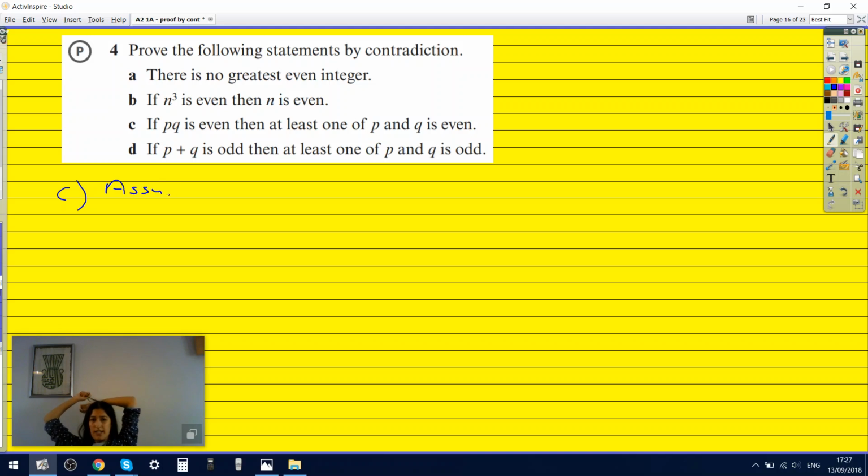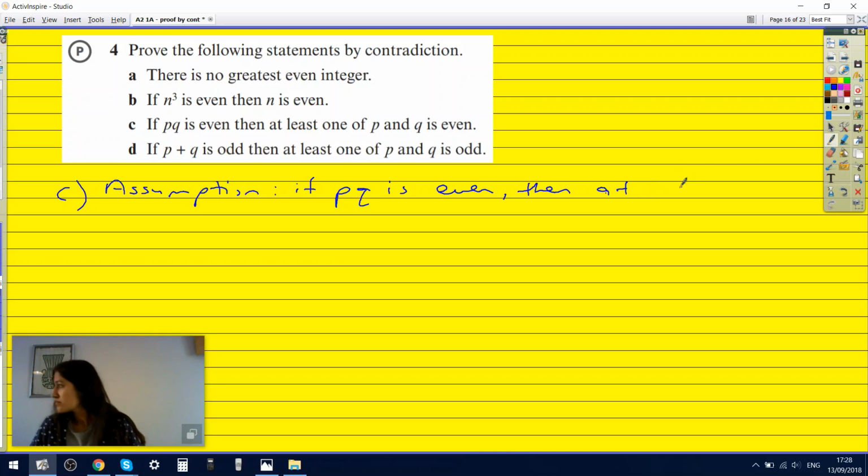If PQ is even, at least one of P and Q is not even, or could say odd.